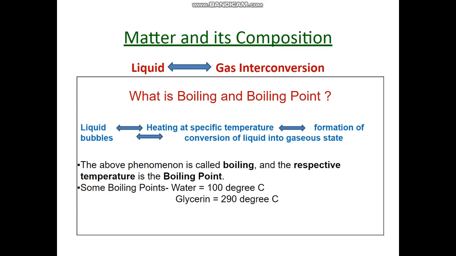So I have summarized these points into an easy definition for you. The phenomenon in which the liquid on heating at a specific temperature forms bubbles is called boiling, and the respective temperature at which this conversion takes place is called boiling point. Some boiling points are given in this slide. Water has the boiling point of 100 degrees Celsius, glycerin has a boiling point of 290 degrees Celsius.